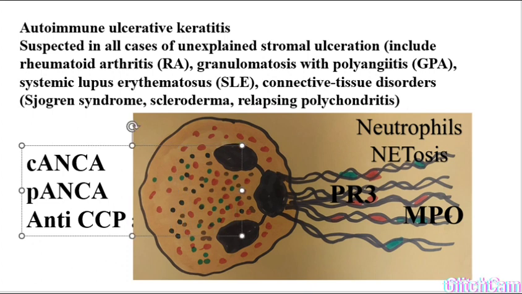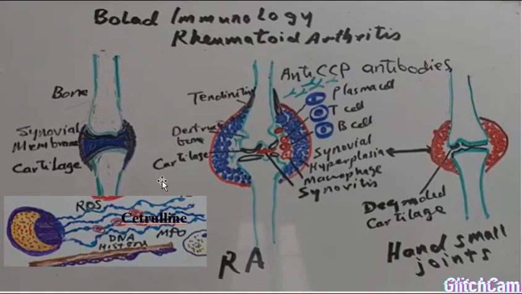So these antibodies are anti-cyclic citrullinated peptide antibodies. Anti-cyclic citrullinated peptides, and this is here very clear.